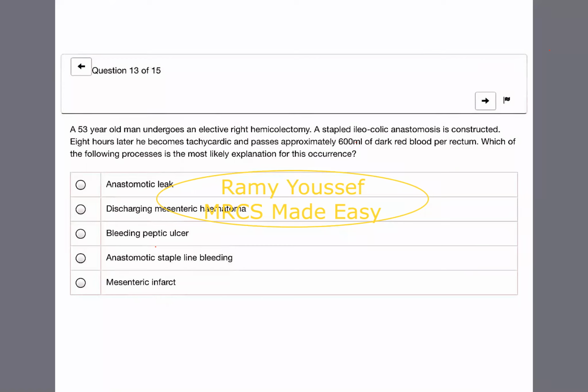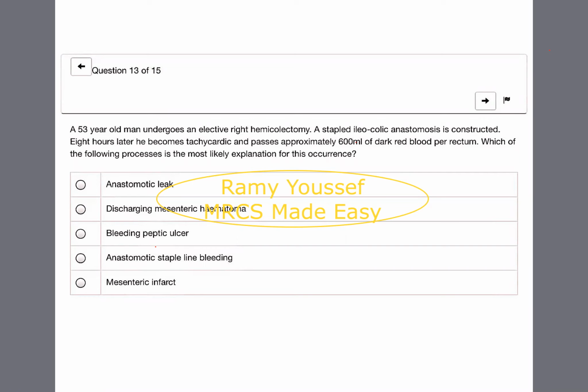Which of the following processes is the most likely explanation for this occurrence? Anastomotic leak, discharge mesenteric hematoma, bleeding peptic ulcer, anastomotic staple line bleeding, mesenteric infarct.